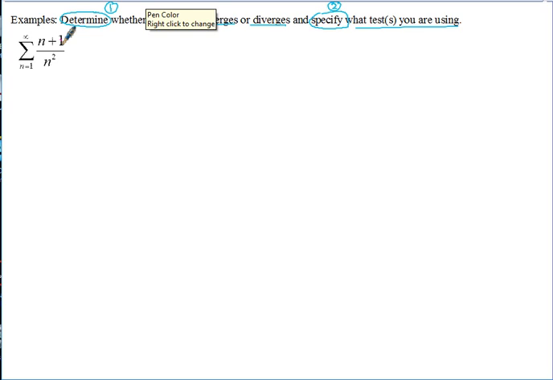It would be simpler. This plus 1 is, when you go off to infinity, fairly negligible compared to n and n squared. So we'll compare it to the series without that plus 1 on the numerator, from n equals 1 to infinity. And without that, we would just have n over n squared.